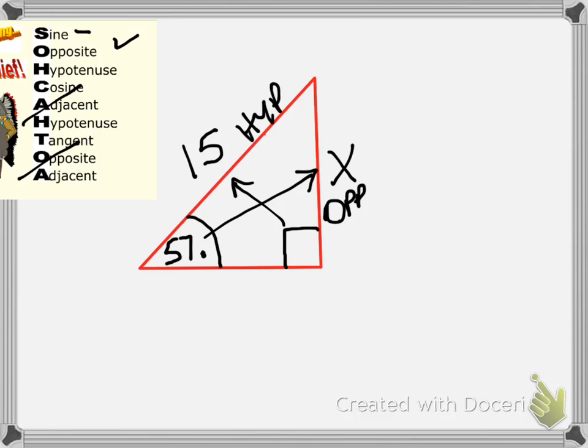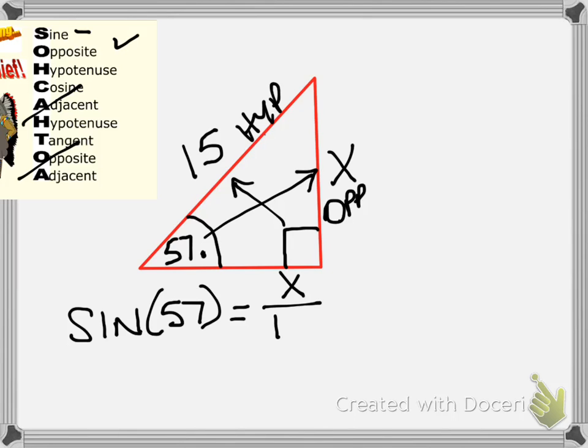We don't need cosine, we don't need tangent. So we're going to use sine of 57 is equal to opposite x over 15. Now, how do we solve for x? Multiply both sides by 15. Use our calculator. Sine 57 times 15.